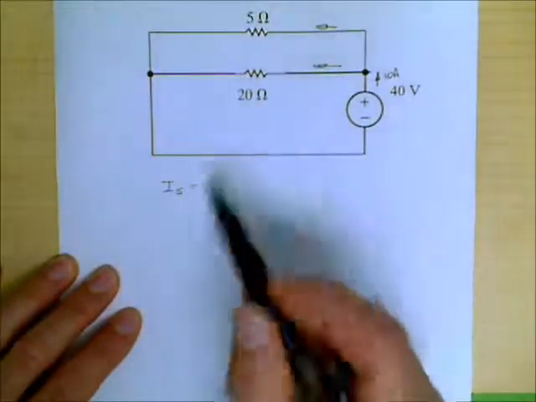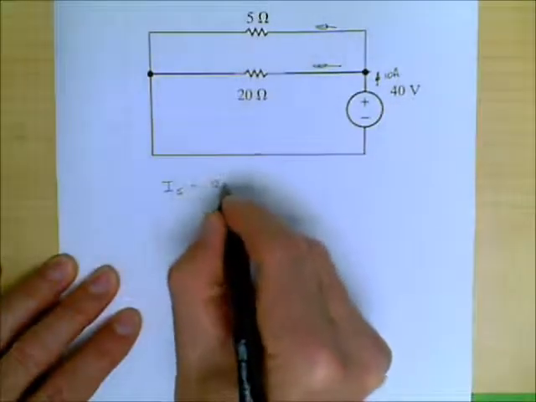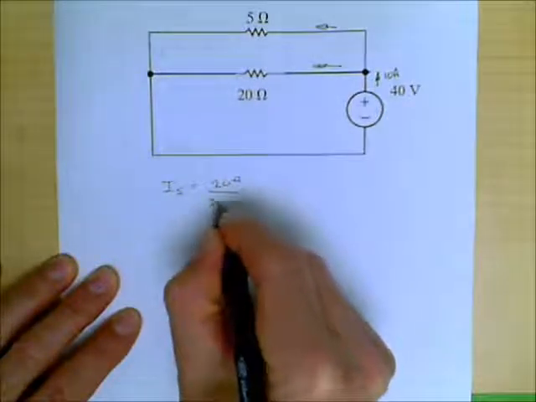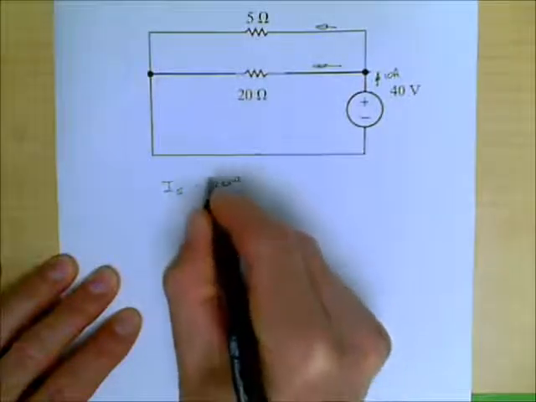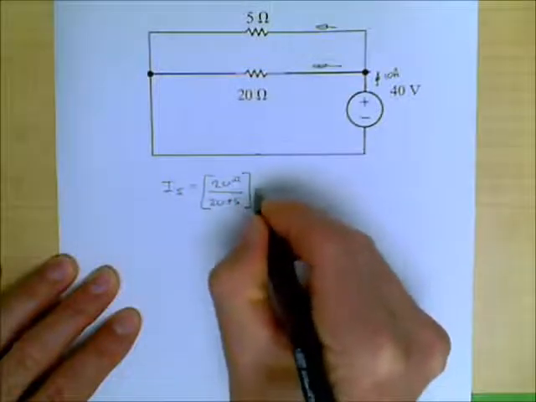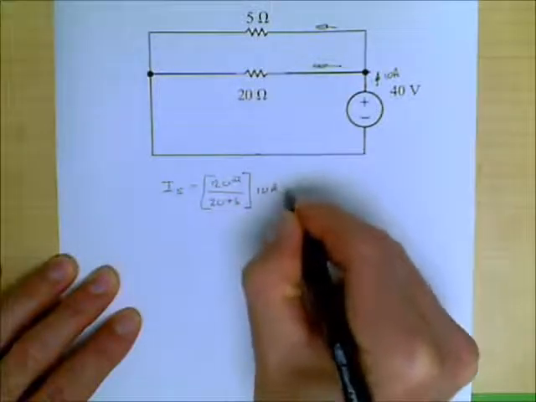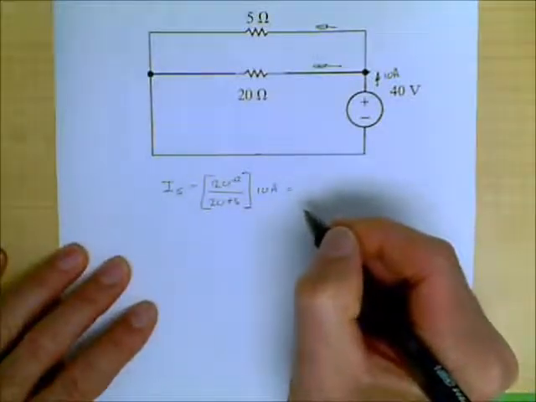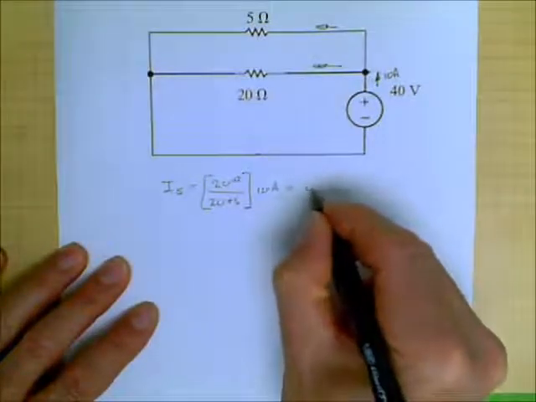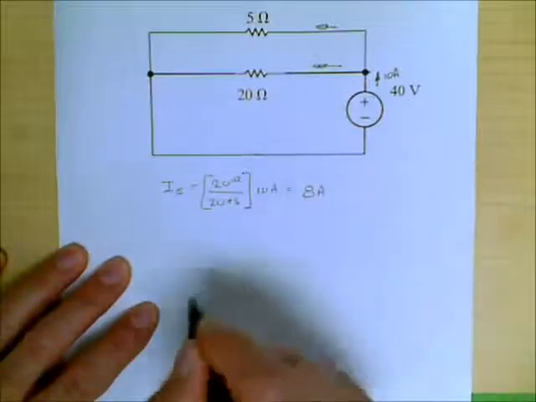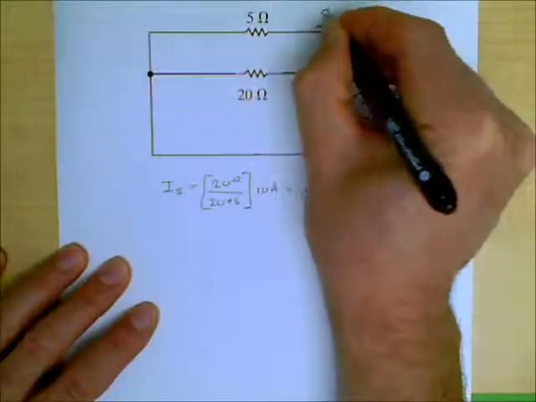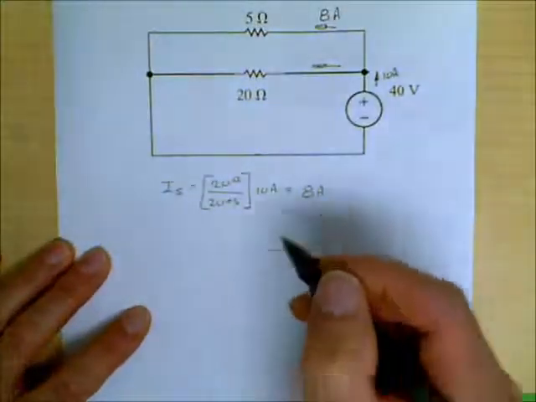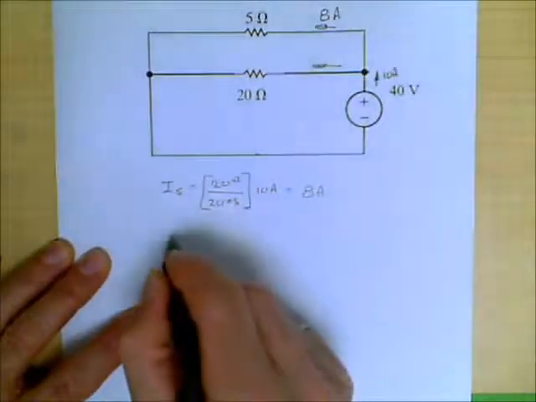So we take the 20 ohms divided by the sum, which is 20 plus 5, and we multiply that by our source current, which is 10 amps, and we have 20 divided by 25 times 10, which is 8 amps. And so there is 8 of those 10 amps going through the 5 ohm resistor. Well, we immediately know that the other one has 2 in it, but let's just work it out.